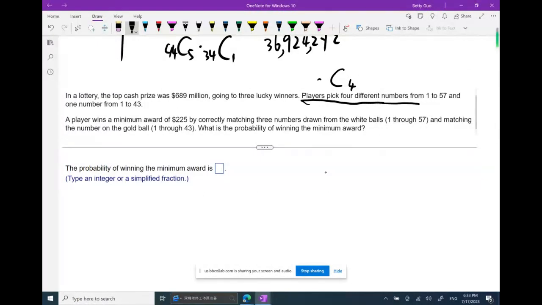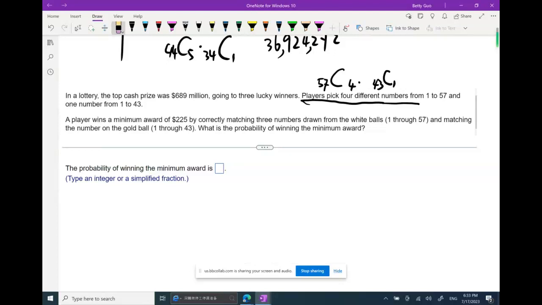So that's a combination, right? Pick 4 different numbers from 57 numbers, and 1 number from 43 numbers. Similar to the white ball and the gold ball, right? And that's going to be the total number of possible outcomes if one person plays the lottery.